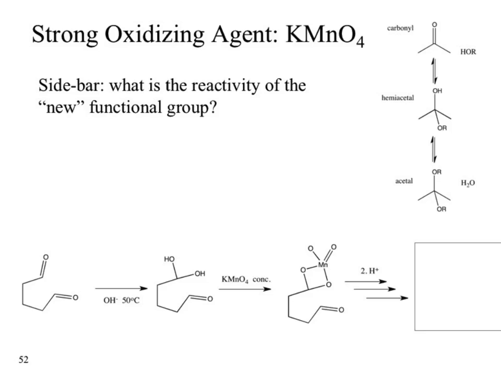Which means the permanganate now connects. Now what happens? Water in solution removes the hydrogen. Where do the electrons go? To form a pi bond.